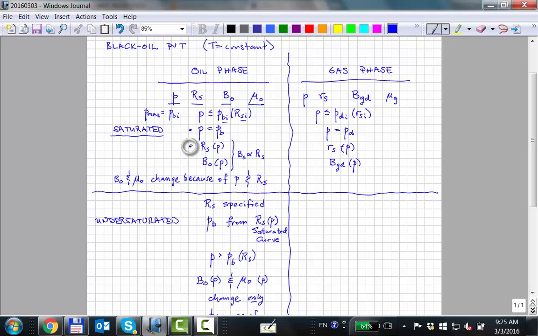The composition of that oil is given by RS. What is composition? It's the surface gas amount and the surface oil amount, and we deal in volumes. If you know the ratio, then you kind of know the amounts of each. So the RS gives us the ratio of the surface gas volume to the surface oil volume.